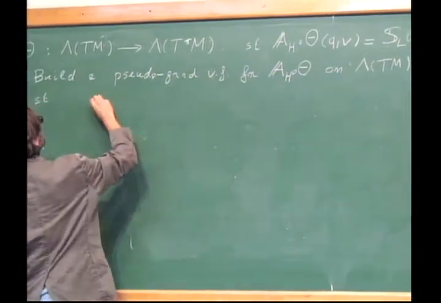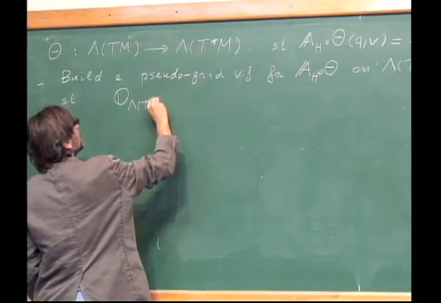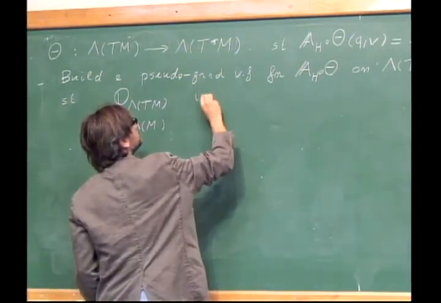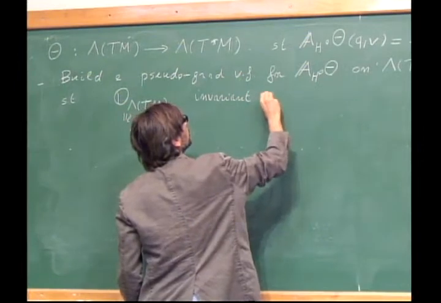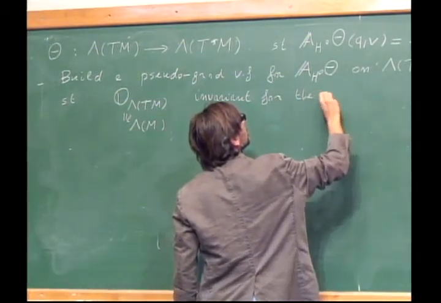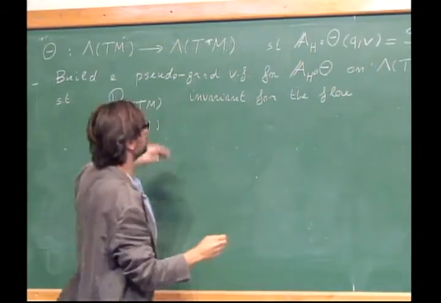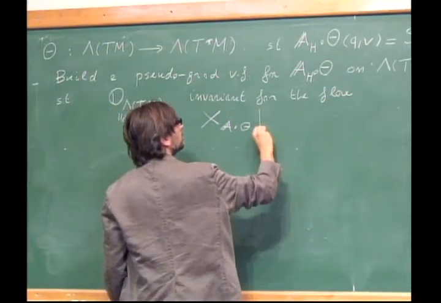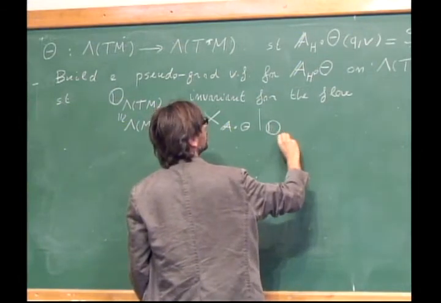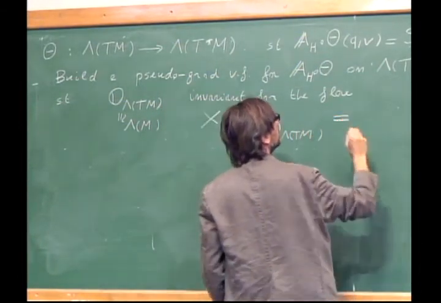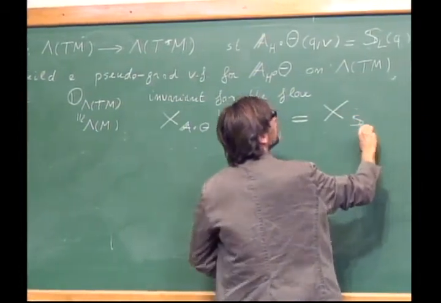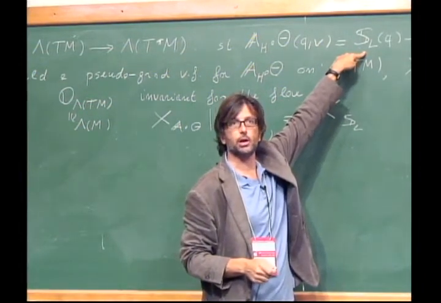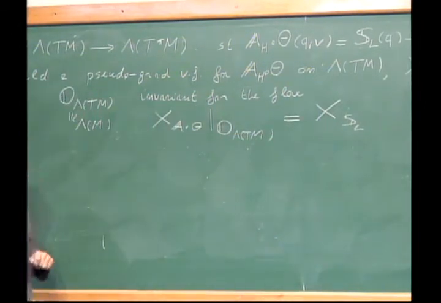So this 0 section of Lambda TM, which is actually isomorphic to Lambda M, is invariant for the flow. So this vector field is tangent to the 0 section, and actually this vector field restricted to this 0 section is X_{S_L}. So on the base, we can just consider the pseudo-gradient vector field of the Lagrangian action function. And on the fibers, we just go to infinity.